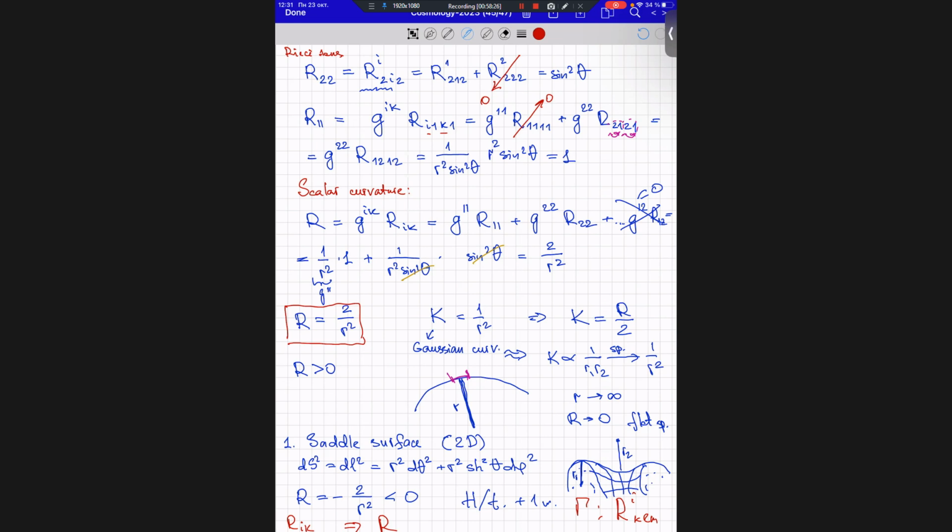Everything you need to find the scalar curvature. Okay.